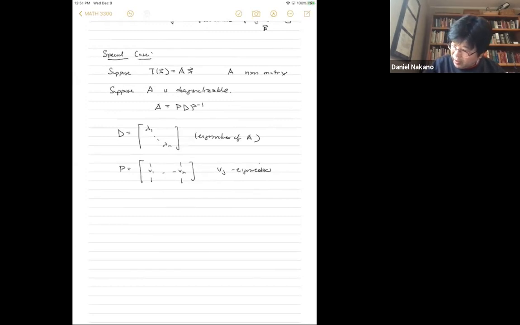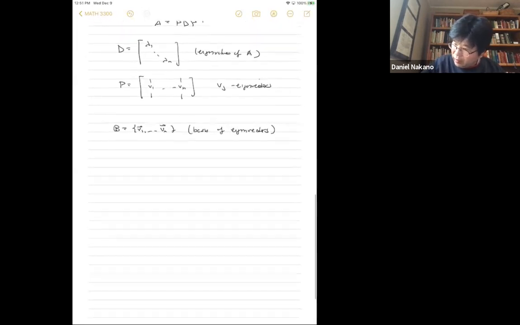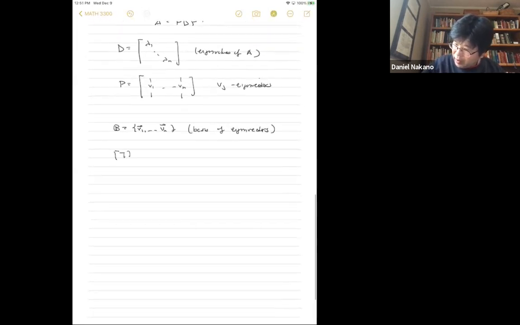So the theorem is that when you take B to be equal to V1, V2 up to Vn, the basis of eigenvectors, then your linear transformation T with respect to this basis is just the matrix D. So if you change bases to a basis of eigenvectors for a diagonalizable matrix, then your T relative to that basis is just the diagonal matrix corresponding to the eigenvalues. Okay, any questions on this so far?